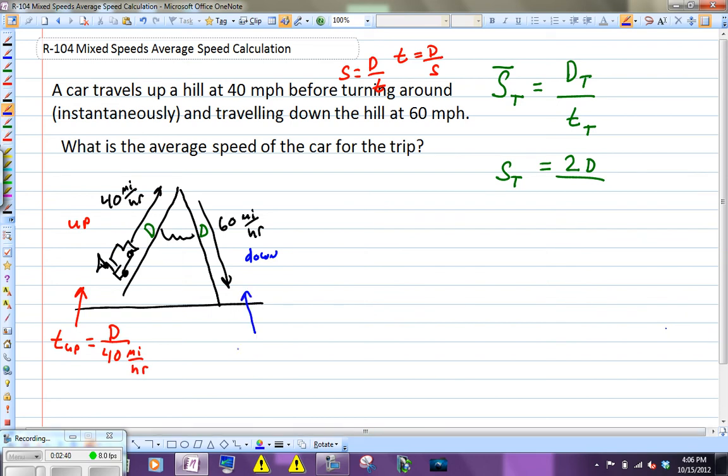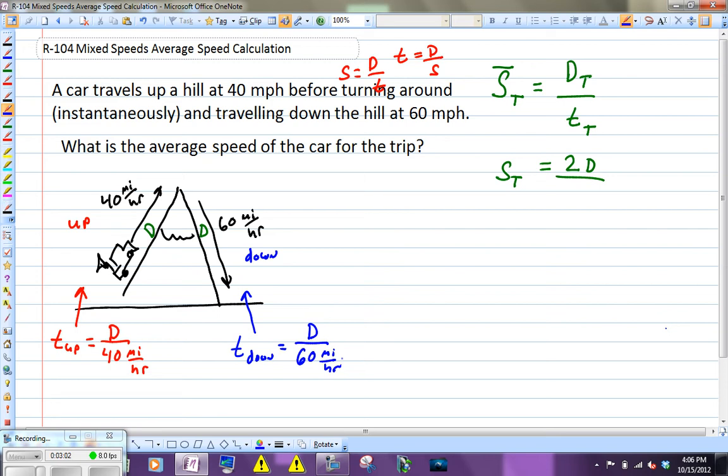Similarly, the speed down the hill, where it's 60, should be shorter. Well, that distance is also d, but the speed is now 60 miles an hour. And d divided by 60 is indeed smaller than d divided by 40.